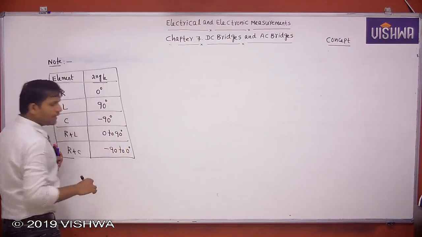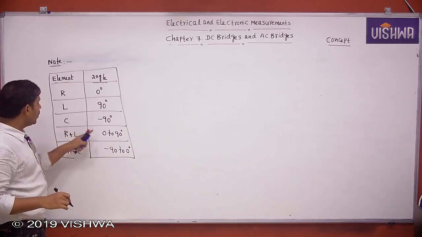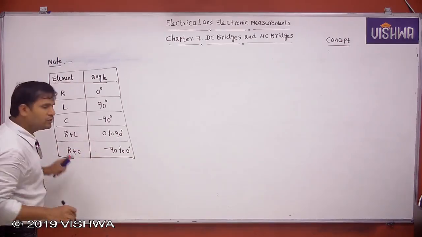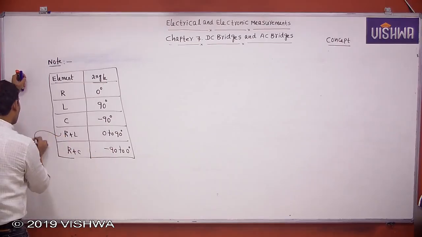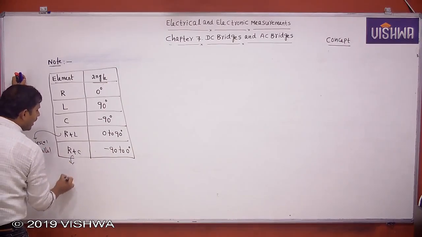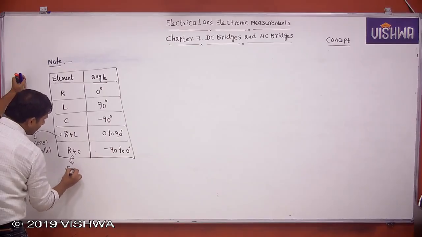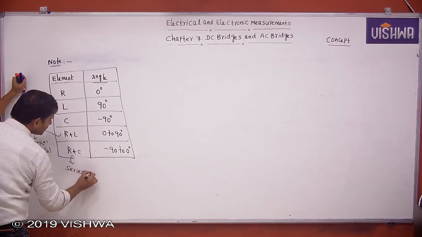Here I am telling that R and L is 0 to 90, R and C is minus 90 to 0, and this applies to either series or parallel. For series or parallel RL, you take 0 to 90 only. If R and C is given, both series and parallel are applicable.